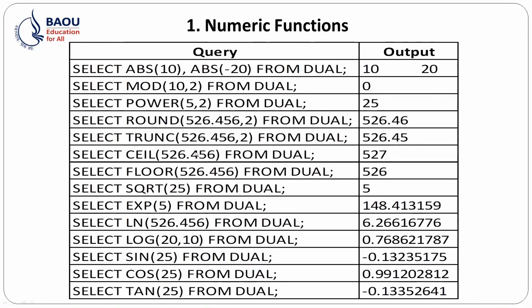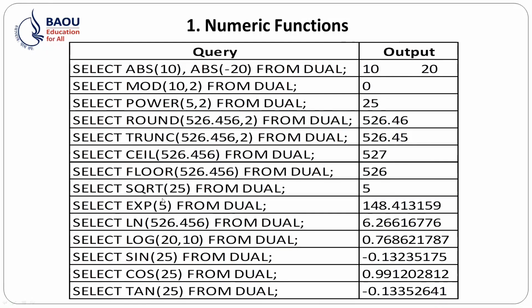The number after the point is rounded. Now floor displays the lower number. Whether after the point it is 4, 5, 3, 2, 6, any number, the number before the decimal point is given.